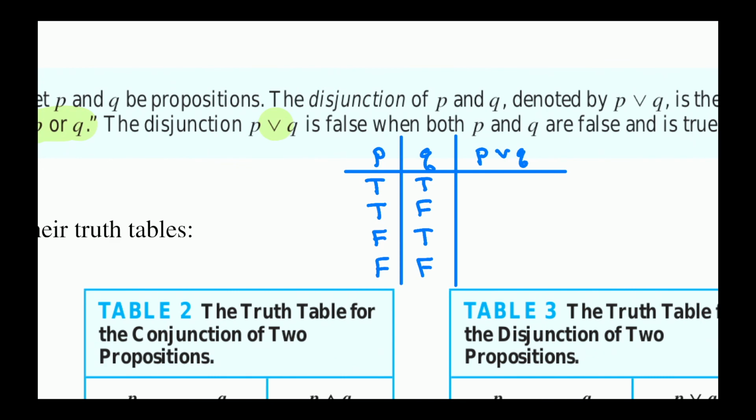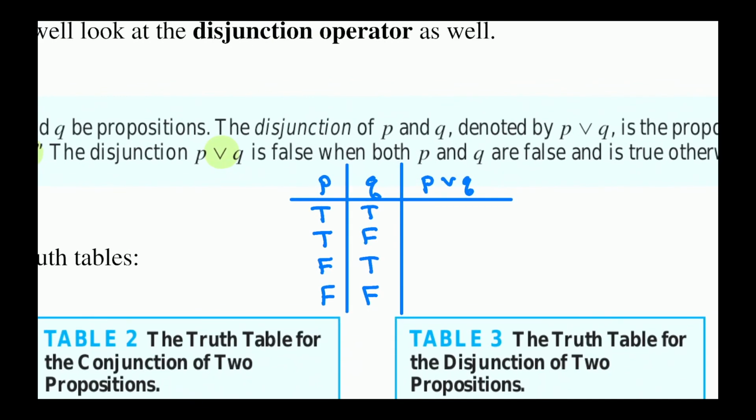All right, now let's read the instructions here. So it says P or Q is false when P and Q are false. So where are P and Q false? Last row. And if they're both false, P or Q is false.